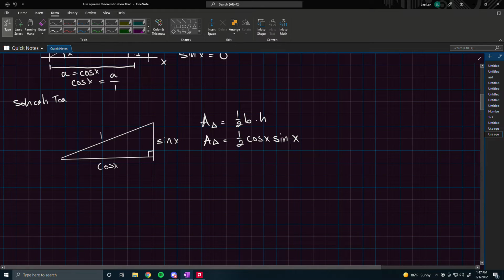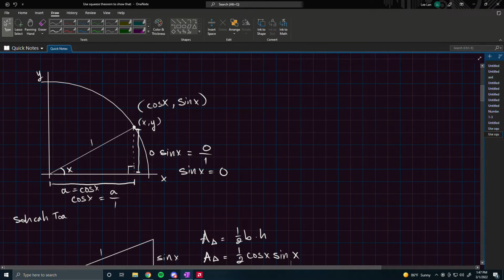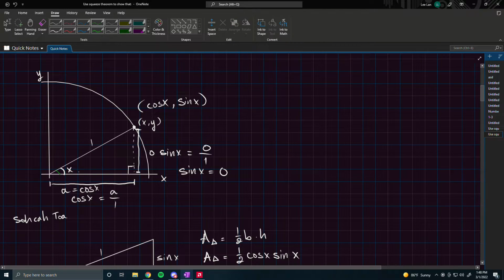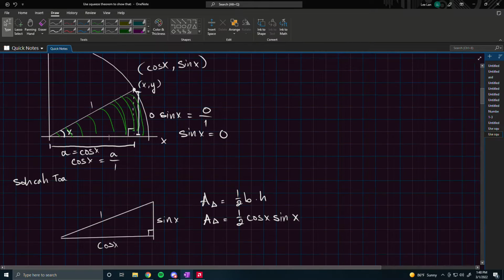So I drew a triangle out of this unit circle here, but there's also a sector, this whole thing, up until the little end.